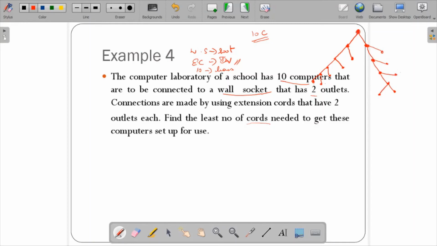So if I take this as a root, that is the wall socket, I'm just showing the diagrammatic representation, the root that has 2 outlets. Yes, it has 2 outlets.